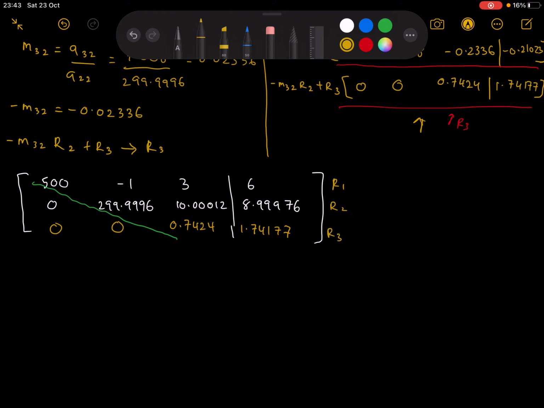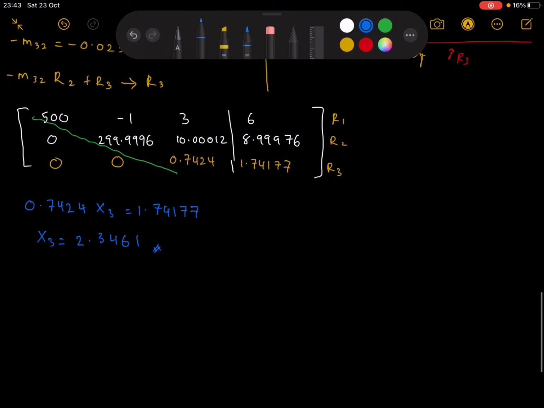Okay, so starting from row 3 first. So from here we know that 0.7424 x3 is equal to 1.74177. So x3 is 2.3461. Okay, now since we already obtained x3, we move to the second row.